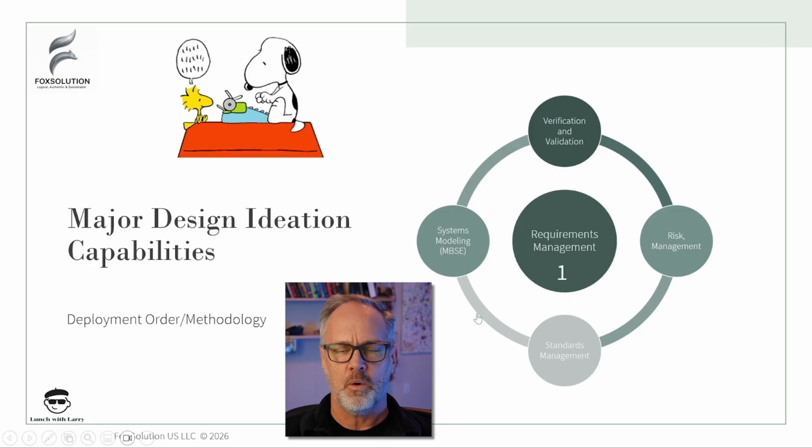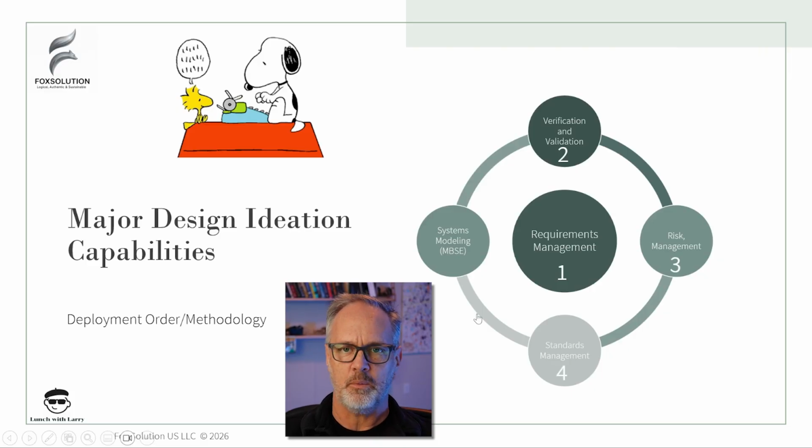The first thing, of course, in any control situation where we're developing a set of assets is requirements management. That's the core data set that all of the different perspectives on the data need to enhance so we get a complete set of requirements. Verification and validation is what we talked about last week. We're going to need to understand what is our evidence that this design complies with our definition of good. Risk management is today, and we're going to talk about that negative view of the design that I just discussed.